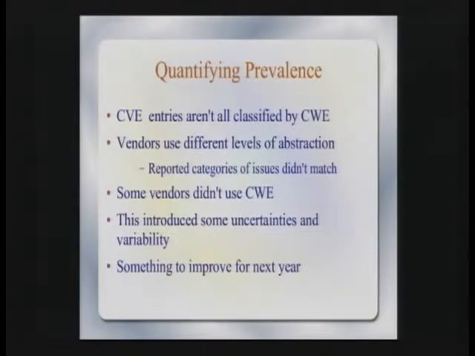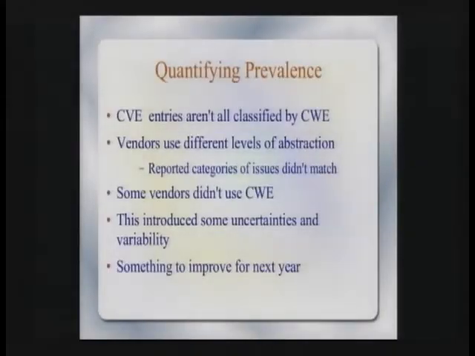So if a vendor reports on a very high level kind of weakness, and we're trying to separate the issues at the lower level, we're not sure to which one of those the data applies. So this year we had some uncertainties and variability because of that, and that's something to improve for next year.